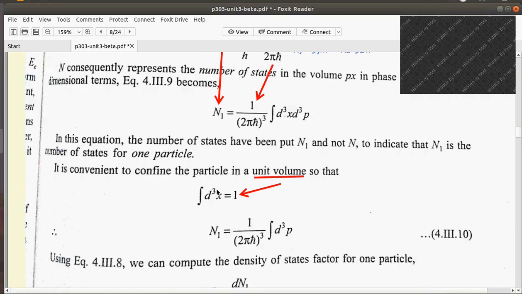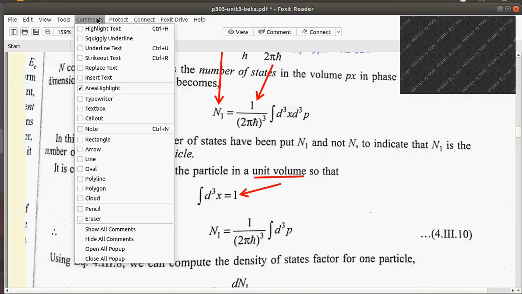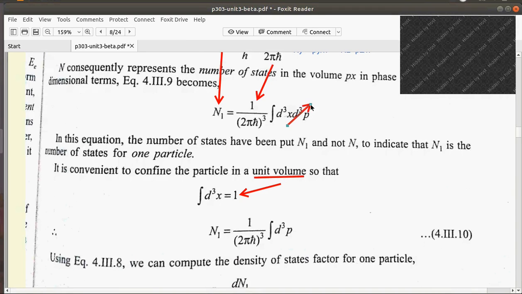Now d cube x is what? Volume in x, y and z. So that is unity. So the integral of 1 means one term from this expression goes away.